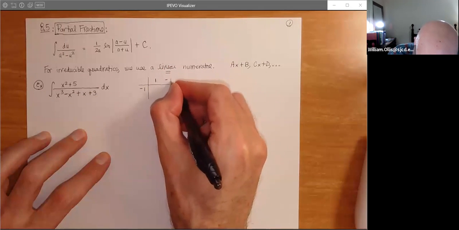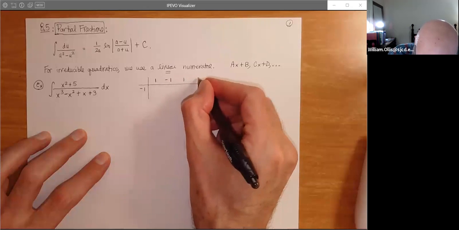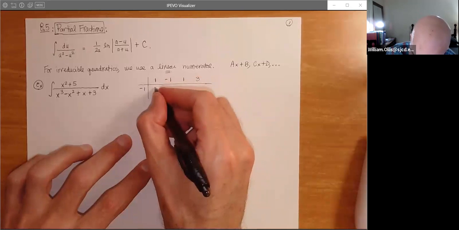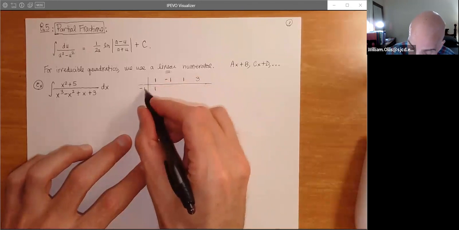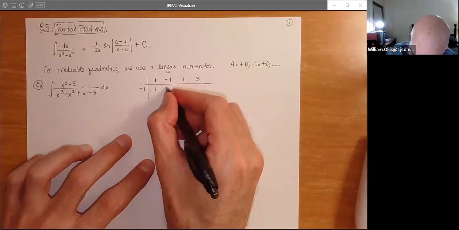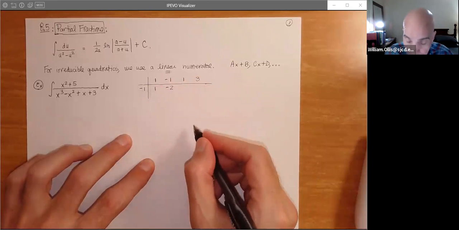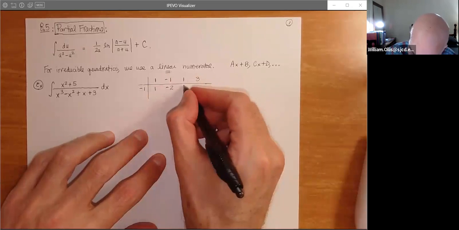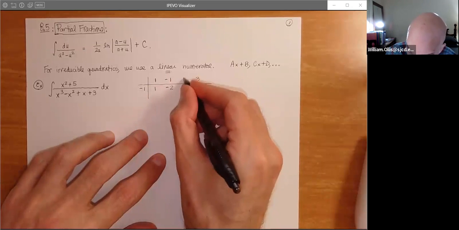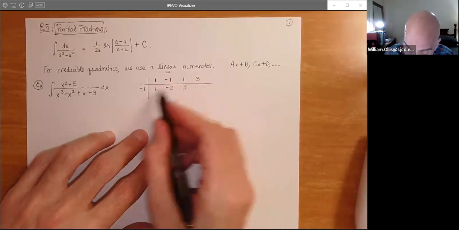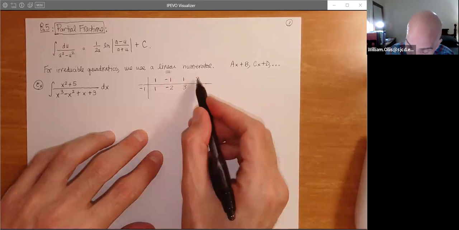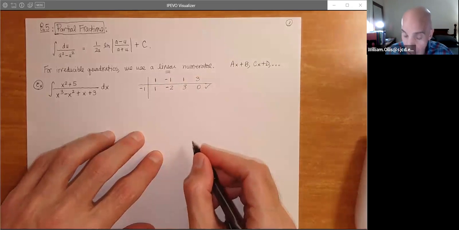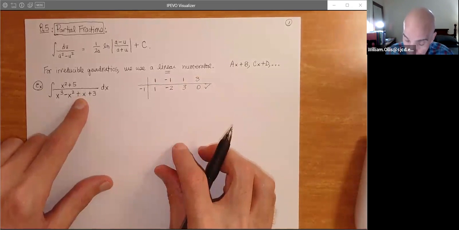We'll just use synthetic since it's easy. Of course, when synthetic is applicable, it's quick. So we bring the 1 down. 1 times negative 1 is negative 1, plus the negative 1 is negative 2. And then negative 2 times the negative 1 is a positive 2 plus 1 is 3. And then 3 times the negative 1 is negative 3, plus the 3 is 0. So we do get the 0 that we know we should have just by observation.